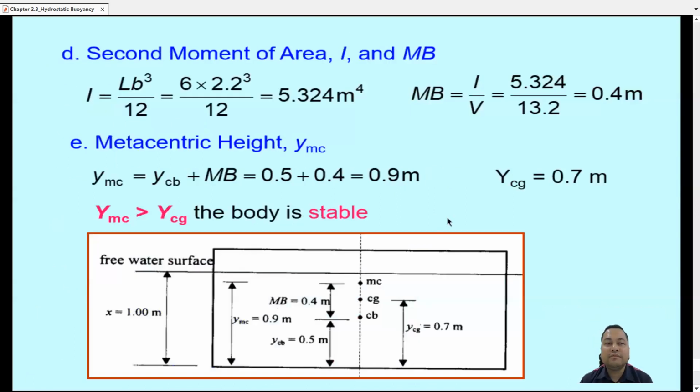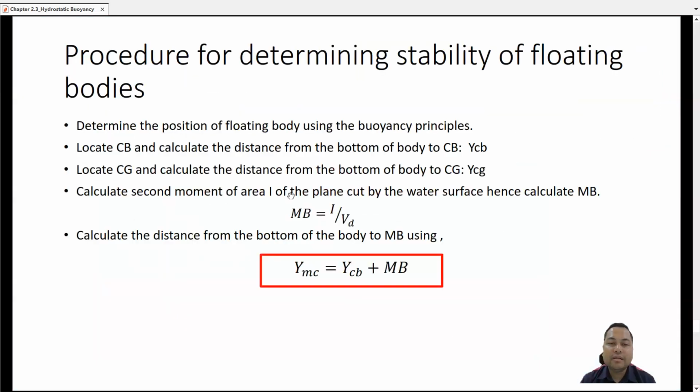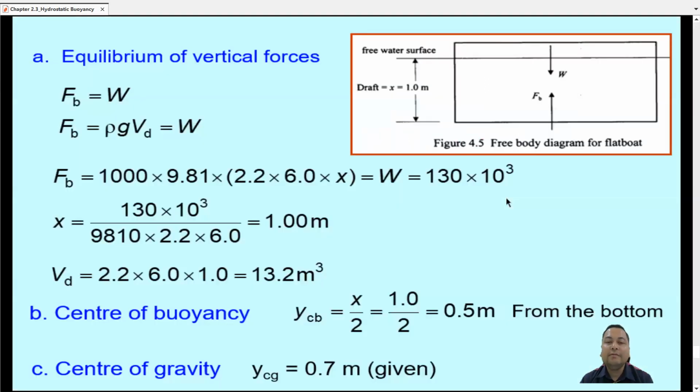So from there, we determine the value for I. Remember, I is the second moment of area of the plane cut by the water surface. So the way we calculate I is that we have to look at it from the plan view.